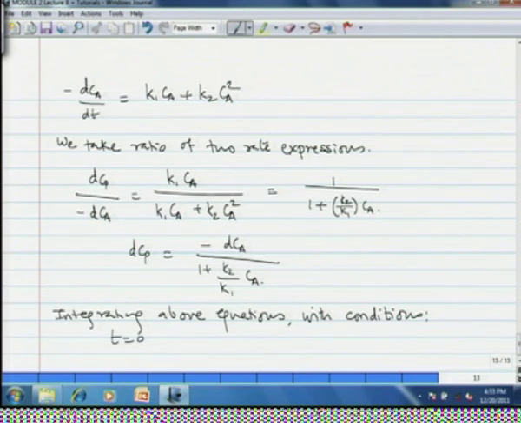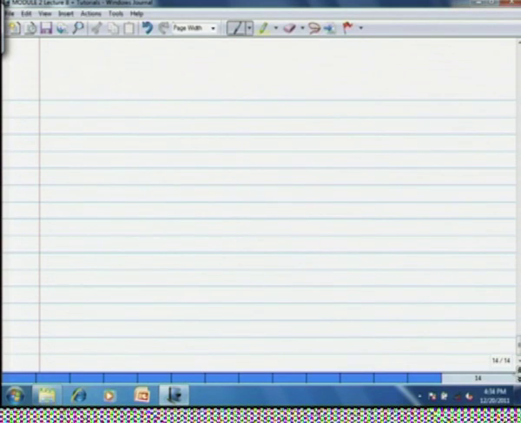At t equal to 0, Cp equal to 0 and Ca equal to Ca naught. So, then we have the integrated expression.